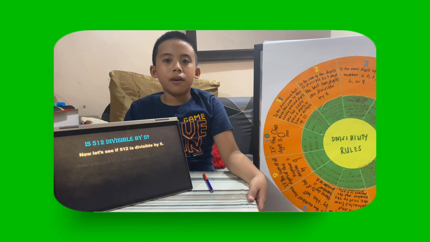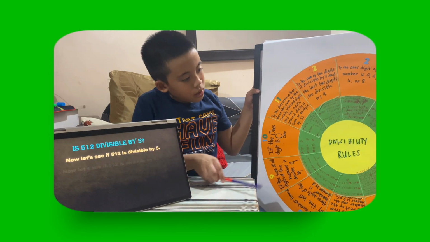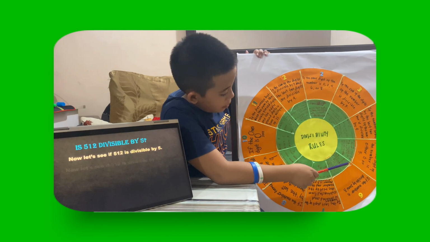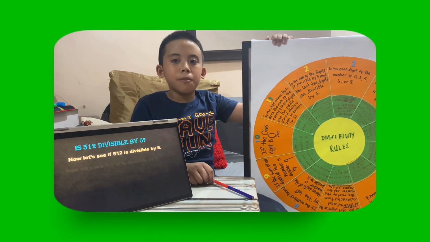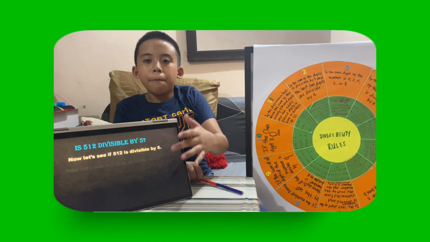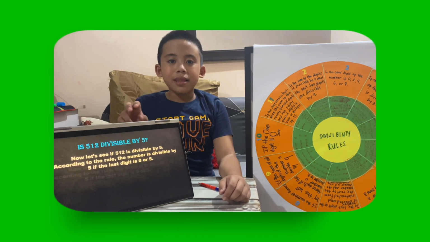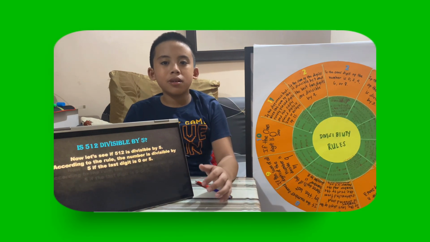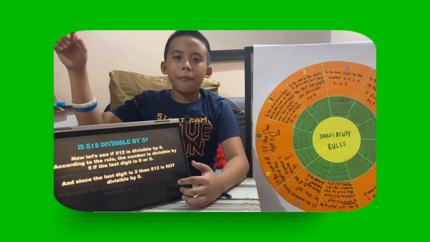Now let's see if 512 is divisible by 5. If the ones digit of the number is either 0 or 5, it is divisible by 5. But since the ones digit is 2, then it is not divisible by 5. A, 5, is marked out.